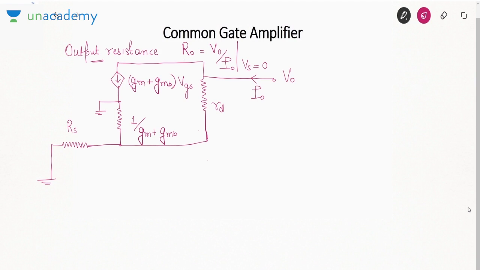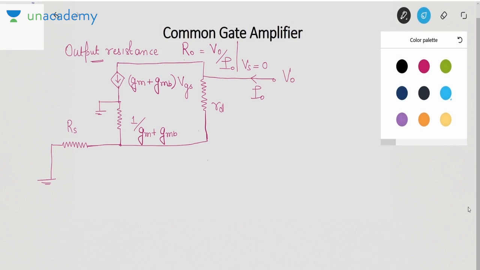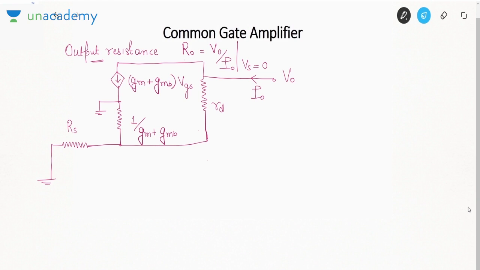Now I0, as you can see by KCL, is the sum of two currents. I0 is equal to I plus (Gm plus GmB) into VGS.